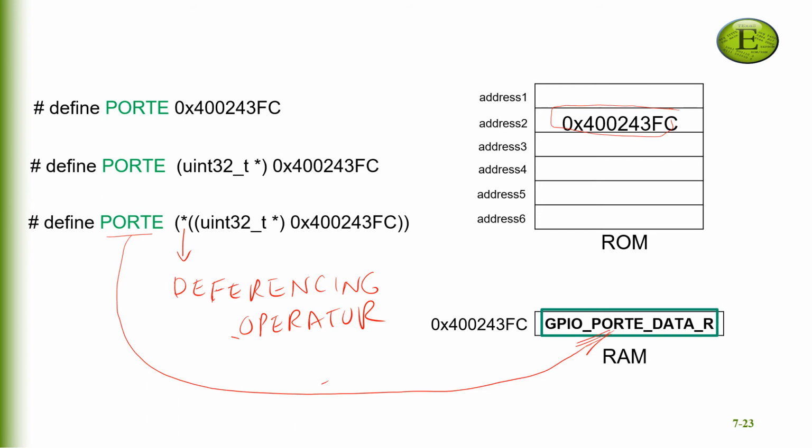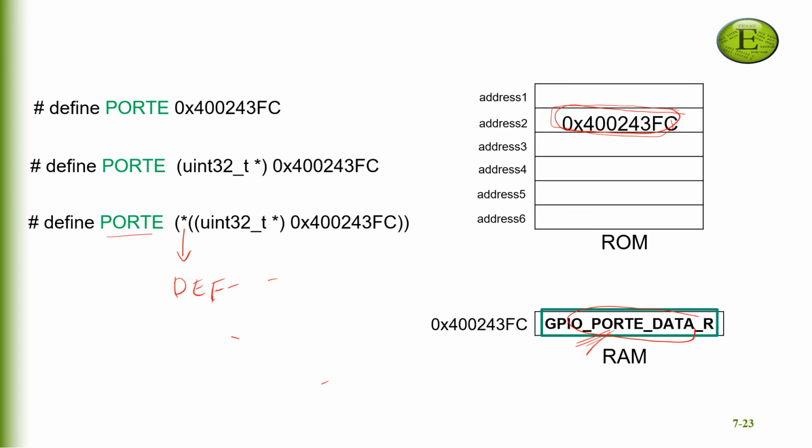So remember, the normal variable are the contents of the memory, ROM or RAM, and these are different from the pointer, which we usually represent by means of arrows. So port E is no longer an arrow, it is representing the contents of the RAM at an address shown here.